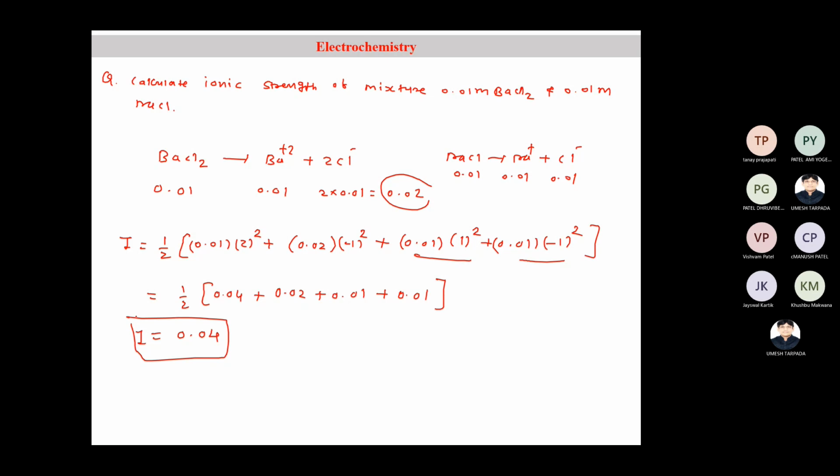So calculation of ionic strength is very, very easy. It's an easy task. If you know the formula, then you can easily calculate ionic strength. This is the application of one of the very important laws, called the Debye law.